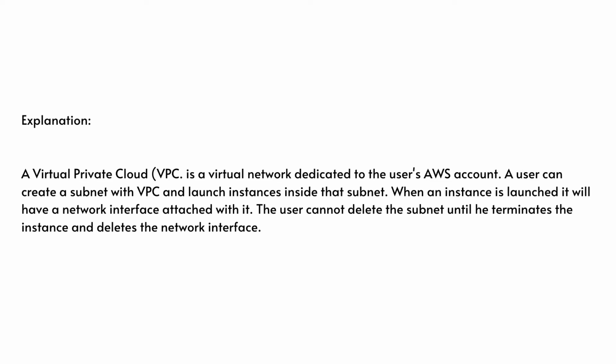A user can create a subnet with VPC and launch instances inside that subnet. When an instance is launched, it will have a network interface attached with it. The user cannot delete the subnet until he terminates the instance and deletes the network interface.